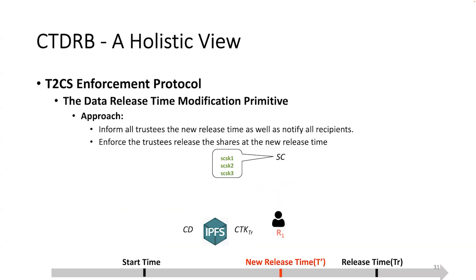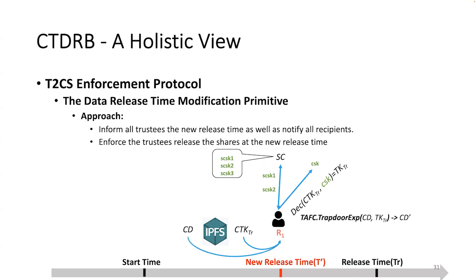After the new release time, any recipient, let's say R1, can retrieve the secret share from the smart contract, recover the private key CSK, and decrypt the encrypted time token using the CSK to get the original time token. He can adopt the TFC's trapdoor exposure algorithms to generate a new ciphertext, and by providing his own secret key as well as the new ciphertext, he can perform decryption and get the original data.